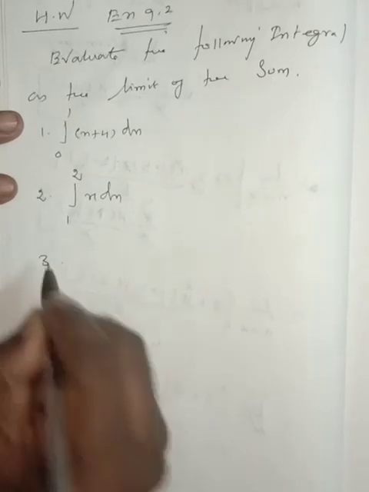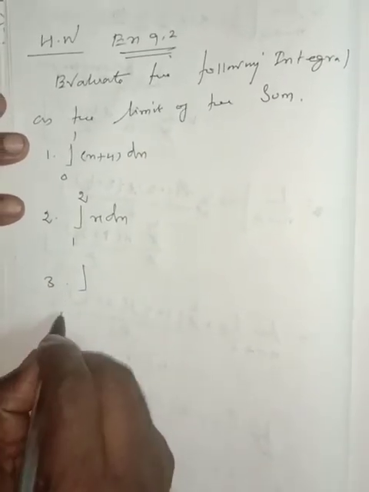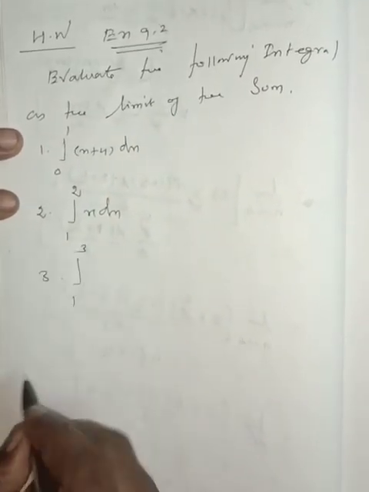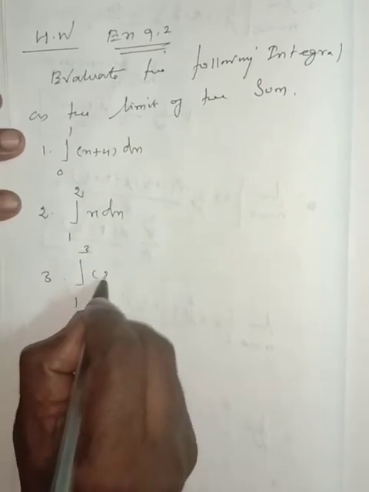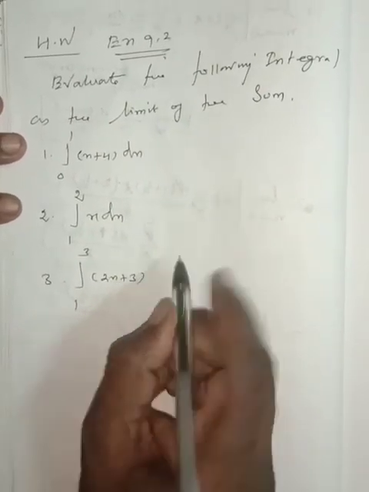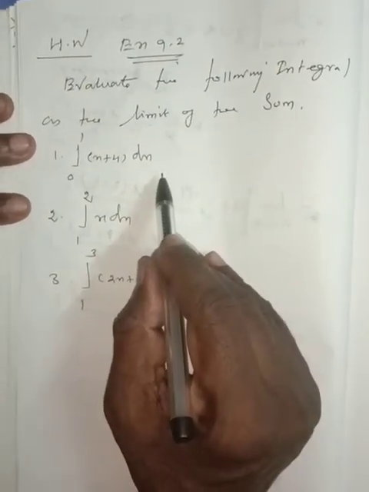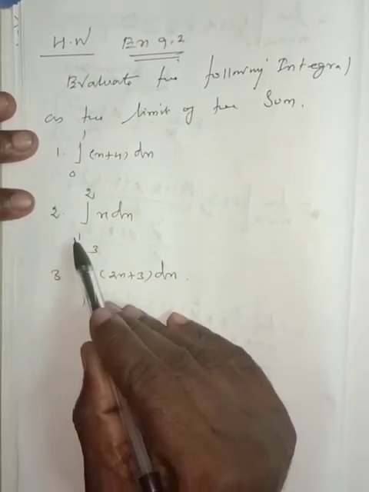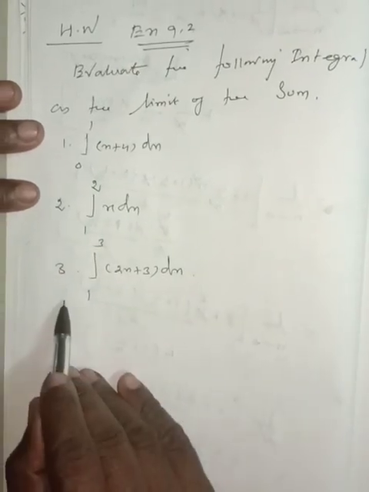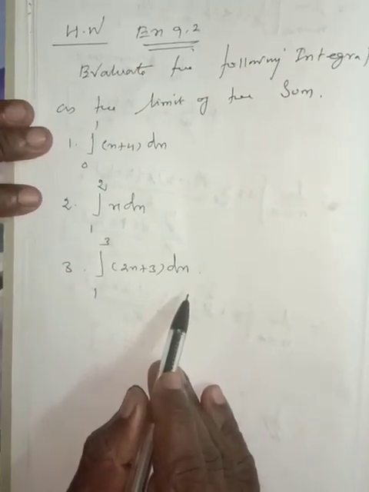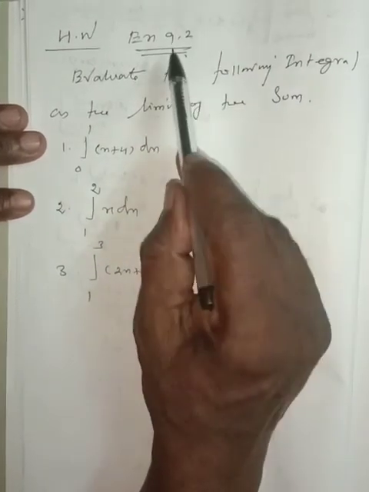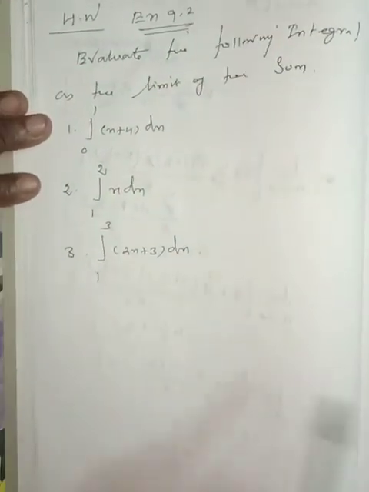Number 3, integral 1 to 3 of 2x plus 3 dx. Sum number 1 answer 9 by 2. Sum number 2 answer 4. Sum number 3 answer 14, using exercise number 9.2.